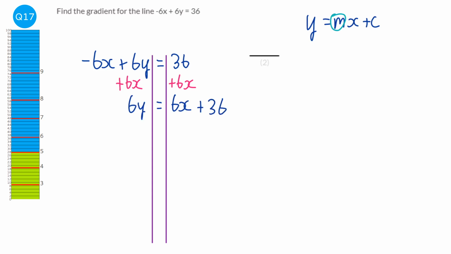Right, the next thing I'm going to do is get rid of this 6 because we just want a y there. So we're going to divide by 6 both sides. So we've got y equals 1x plus 36. Now we shouldn't really write 1, but because we're looking for m, we're looking for the number before x, I've kind of left it in there to show that the gradient will be 1.